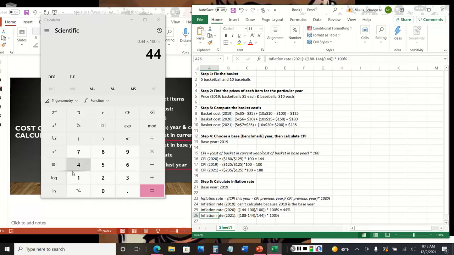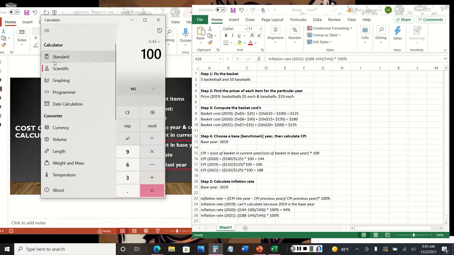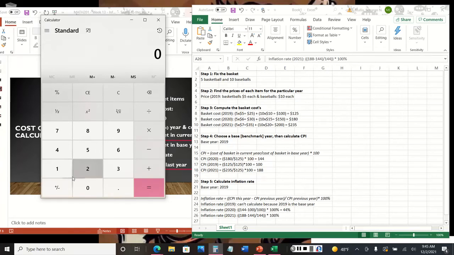So let's put that in our calculator. We have the CPI from 2021 minus the CPI from the previous year, which is 144. Let me see if we have percentage. I'm going to use the standard calculator.